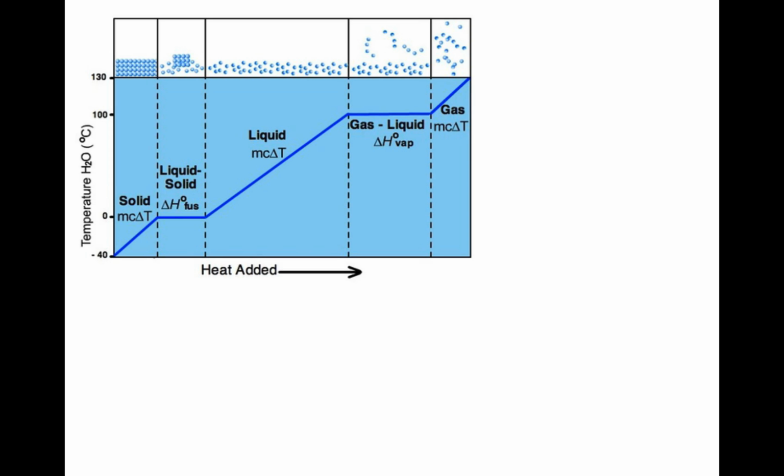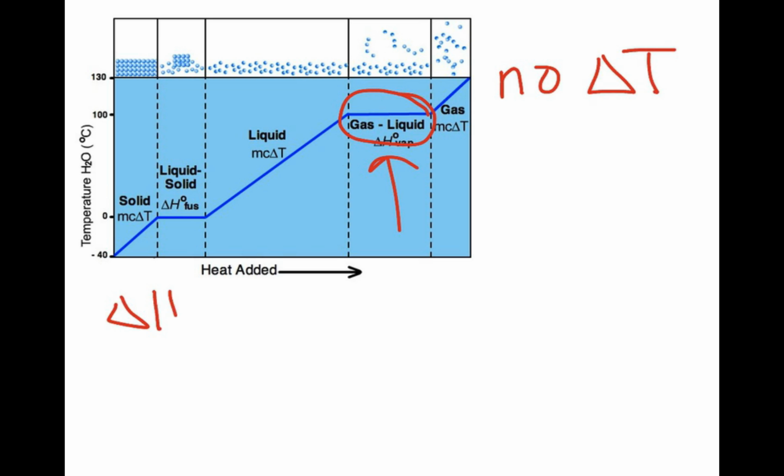Now it's time for interval 4. This is where we're going to change water at 100 degrees to steam at 100 degrees. Again, no change in temperature, no delta T. So we can't use M Cp delta T. No, instead we're going to use the formula delta H equals mass times heat of vaporization.